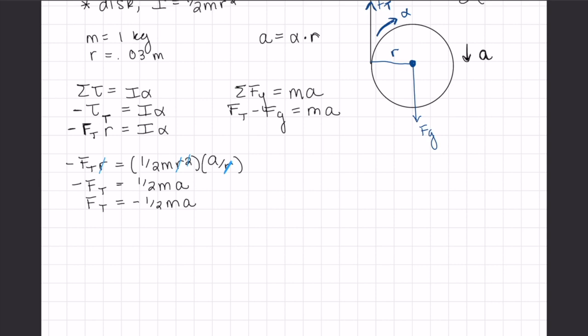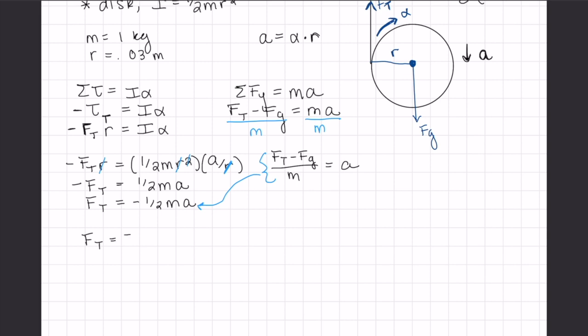Now we're going to use the expression from setting the sum of the forces equal to ma to get another expression for a in terms of Ft. All we have to do is divide out this mass. So we'll get Ft minus Fg all over m equals a, and then we'll substitute this whole quantity in for our a.